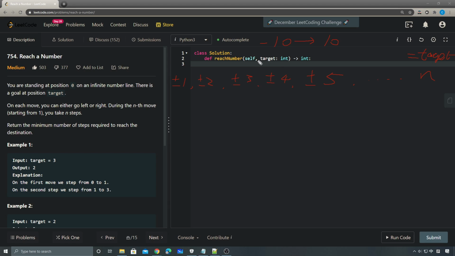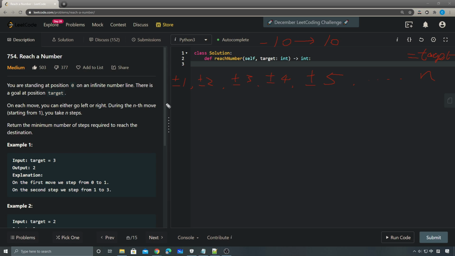So let's say we have a 10 here. The greedy approach is like this: we keep going to the right, trying to reach the 10, until we have bypassed this location.